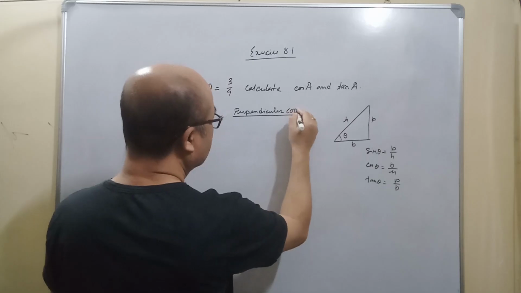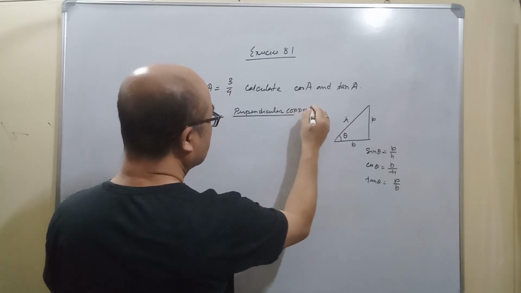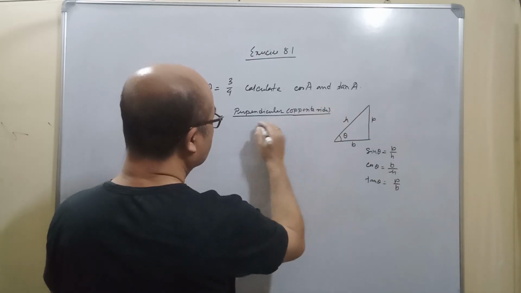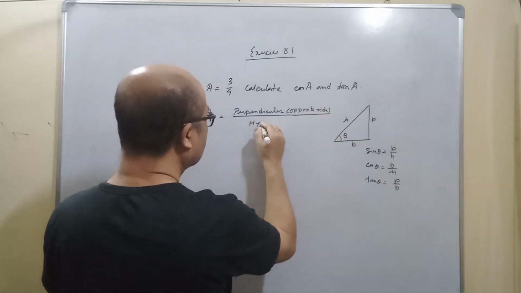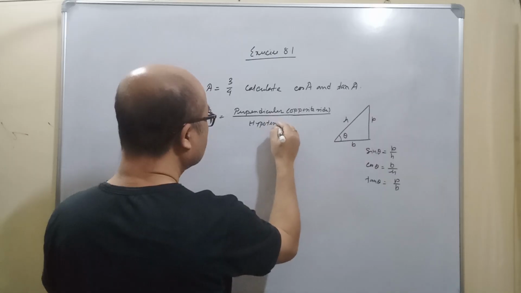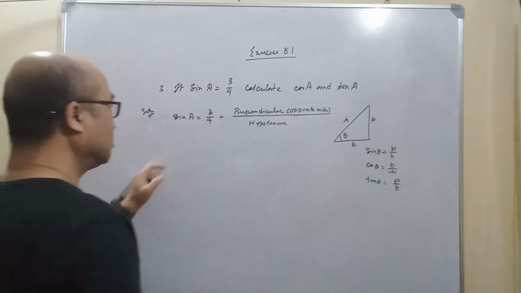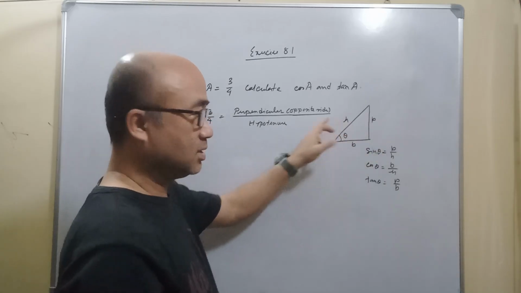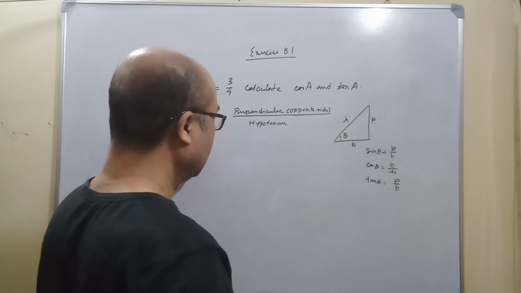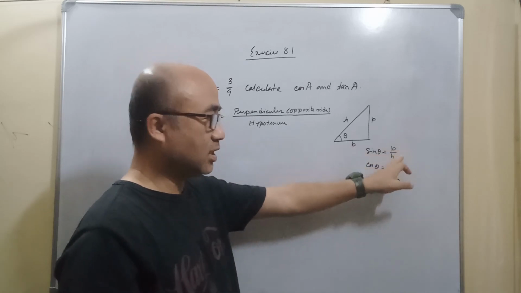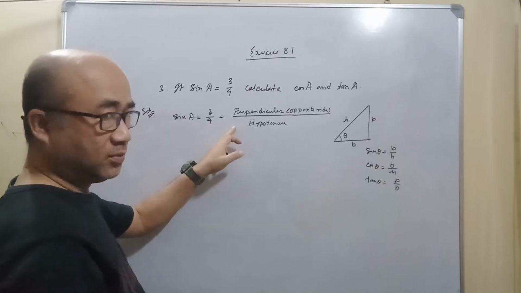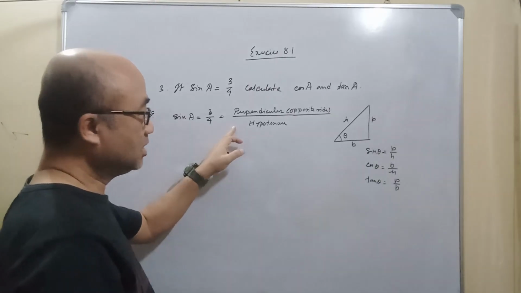Or opposite side, right? This is equal to perpendicular by hypotenuse. Sin theta is perpendicular by hypotenuse, so sin A is perpendicular by hypotenuse. What is the perpendicular?